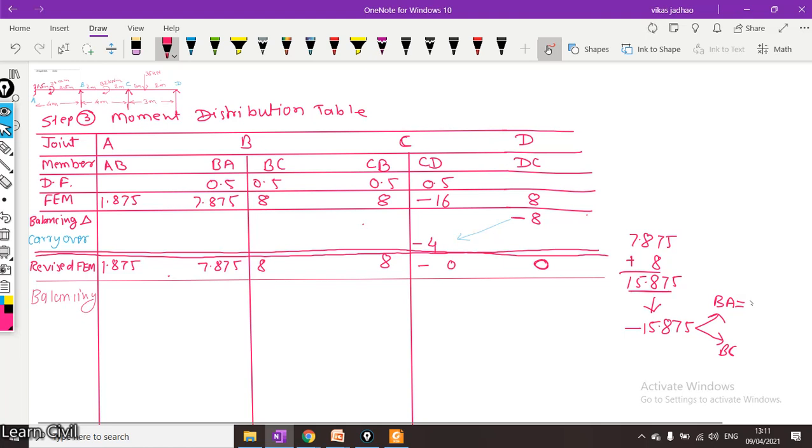So for BA, this will be equal to minus 15.875 into 0.5, so we write down here minus 7.94.